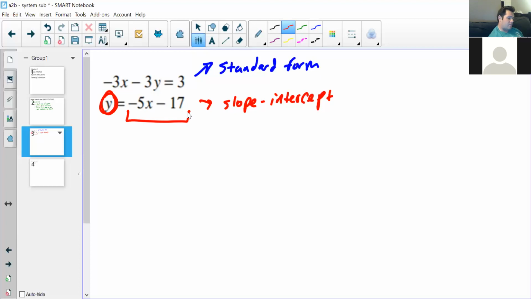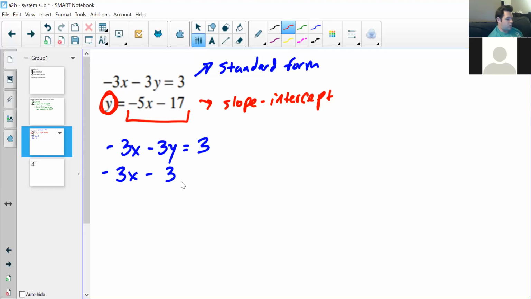So I'm going to go ahead and rewrite the first equation here. And knowing what I know about the second equation, that y is by itself, wherever I see the letter y, that's the letter that's isolated, I'm going to plug in what y is equal to in that second equation.